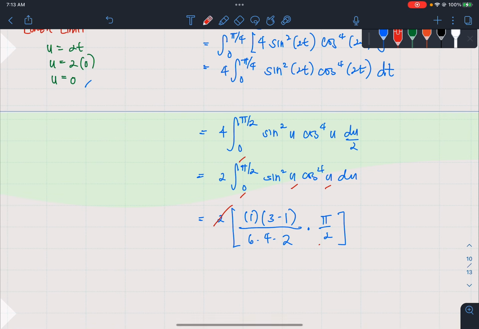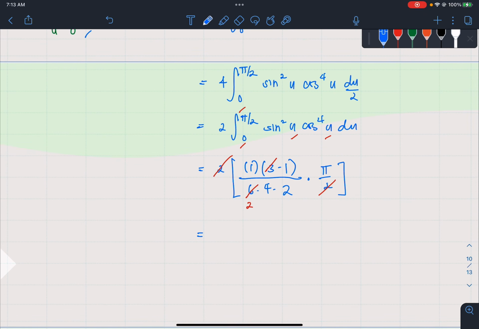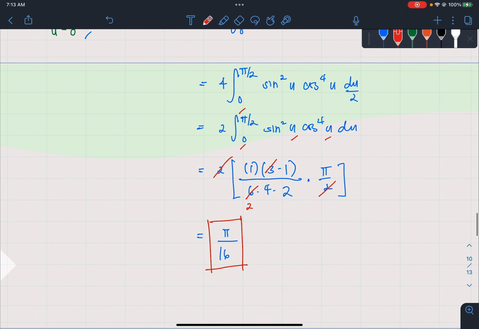So we cancel 2 and 2. So 3 and 6, so 6 will become 2. So therefore, our final answer will be pi all over 2 times 4 is 8, times 2 is 16. So our answer will be pi all over 16.